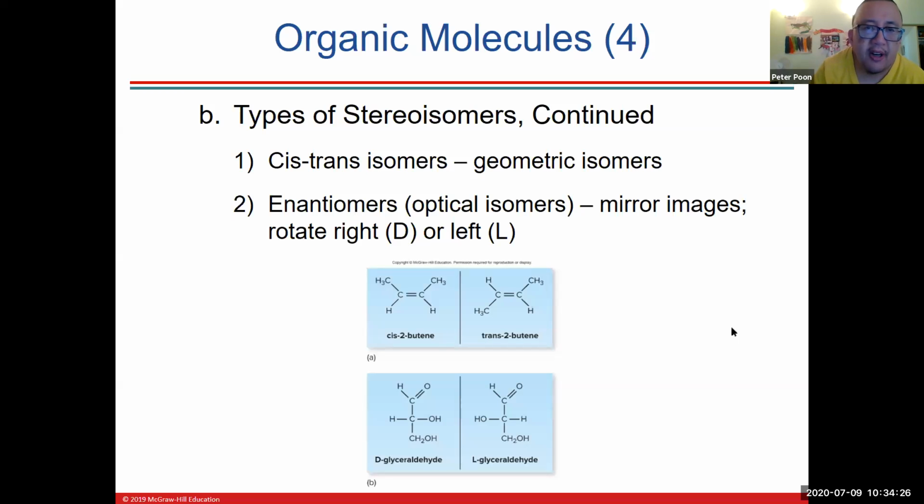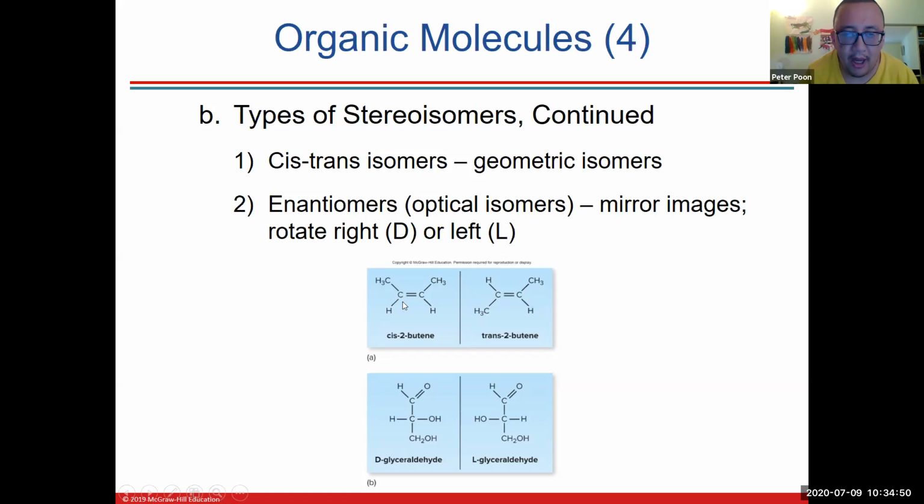The types of stereoisomers: cis and trans. Cis, same side; trans, opposite sides. When I look at this, this is a butene.